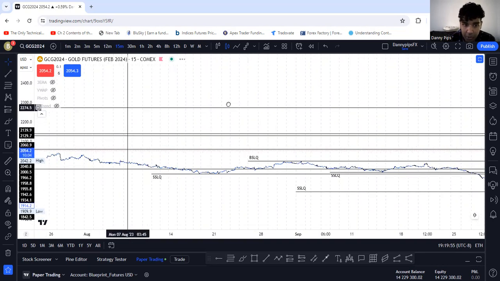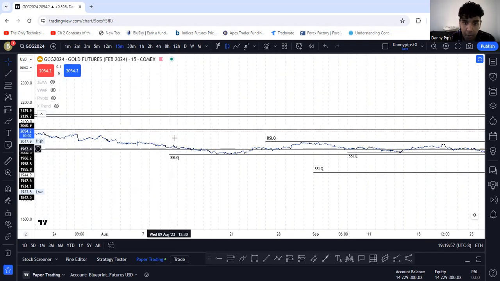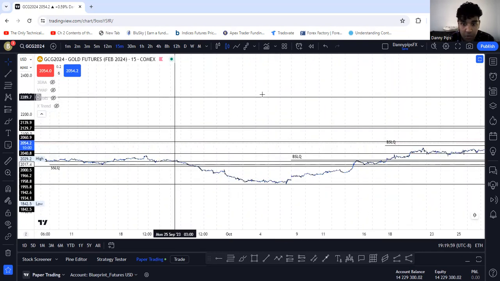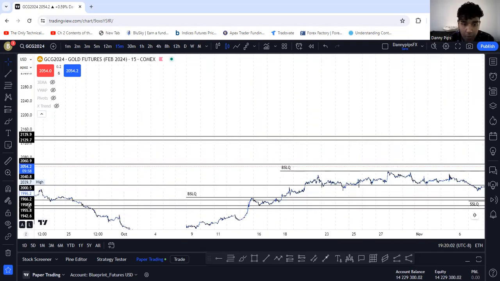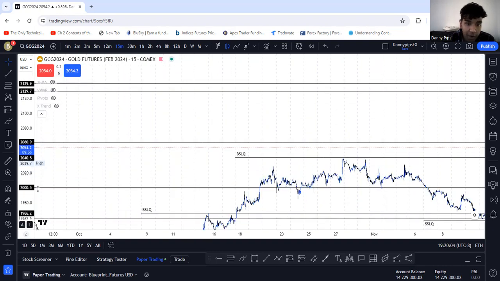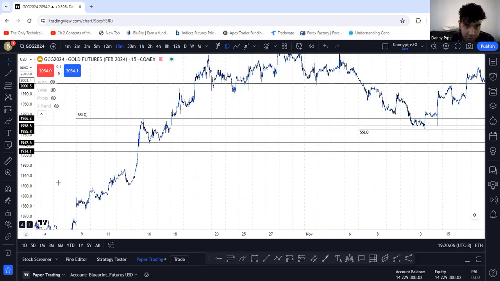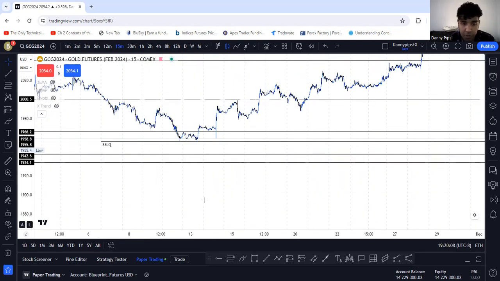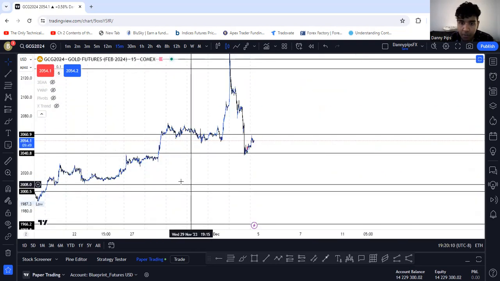If we keep going to the left, we can see how price is moving between our levels. Now off of the 15-minute or the 5-minute time frame, which we'll go to just after this one, we can set up our entry.